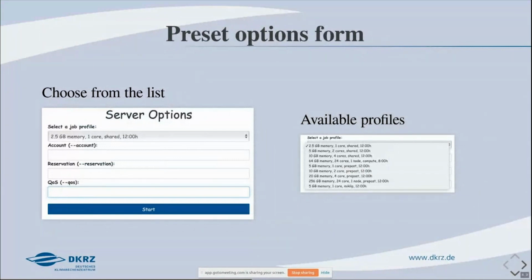In the preset form, on the left side, we already configured some profiles with the most important Slurm options, cores, memory, and time, for example. And on the right side, you see the available profiles. Depending on what you want to do, just pick the one you think fits your requirements. For example, the shared partition is for small developments or testing projects.